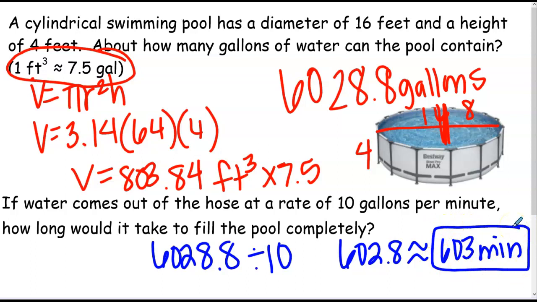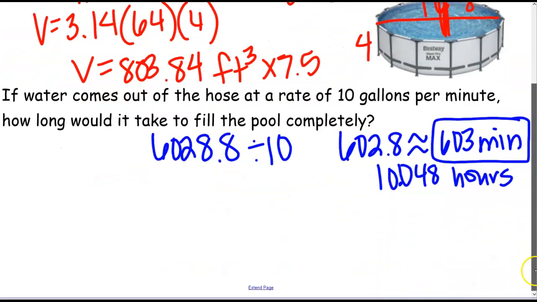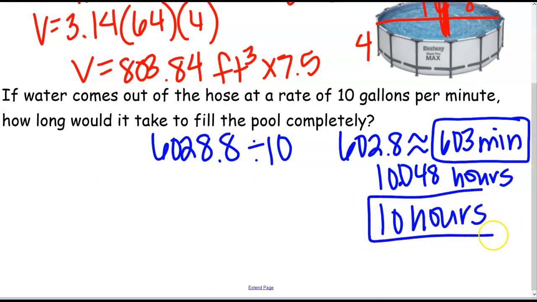Well, I work better with hours, and I know that there are 60 minutes in an hour. So let's divide that by 60, which basically means it's going to take me 10.048, roughly 10 hours to fill it. So those of you that have a pool, does it take you roughly 10 hours to fill a pool this size? I think that's about right.